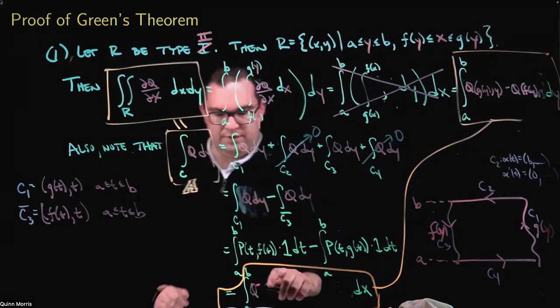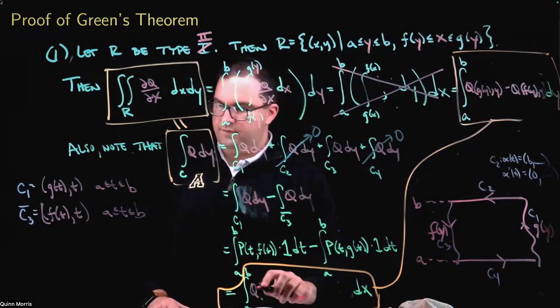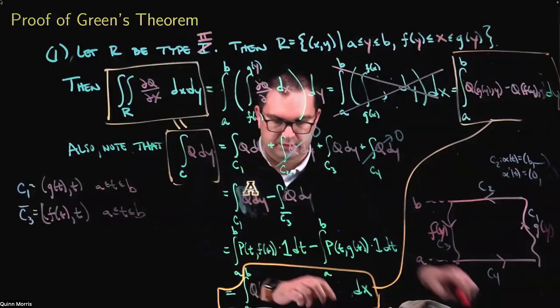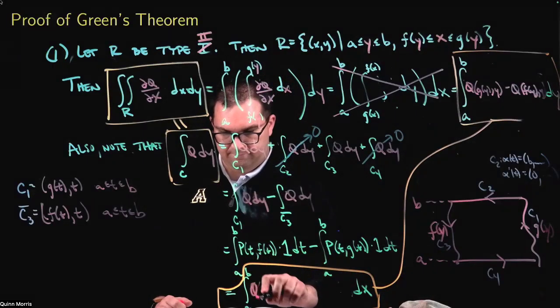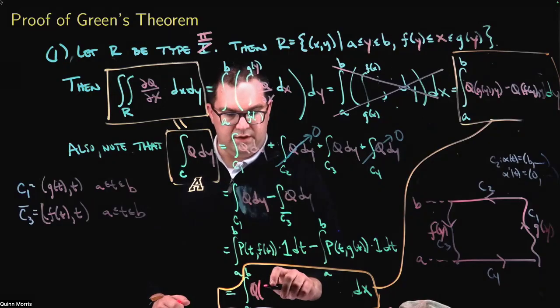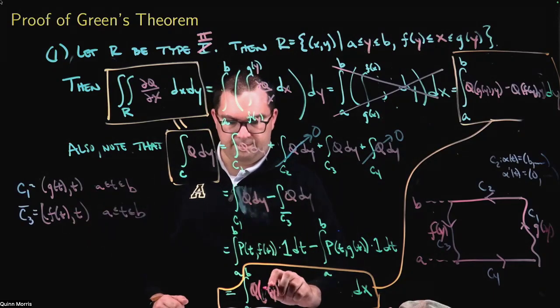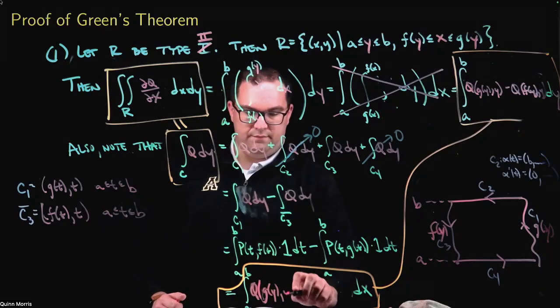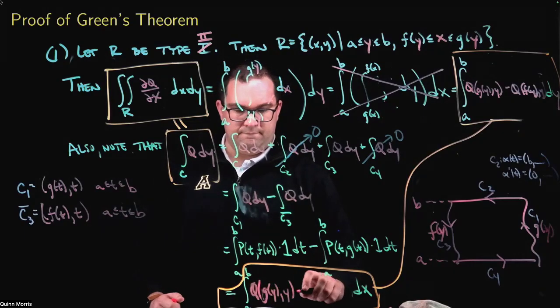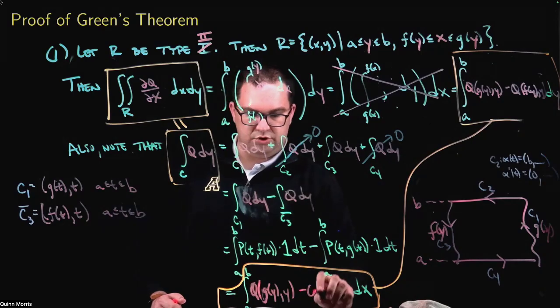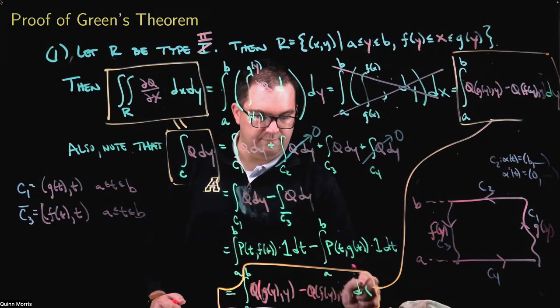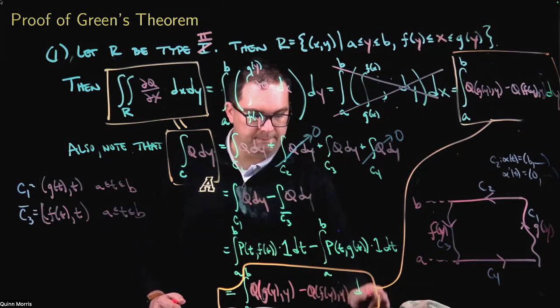And now down here, when we do this, we'll get q of f of y, sorry, of g of y, because that's the one that goes with C1, g of y, y, minus q of f of y, y, dy. All right.